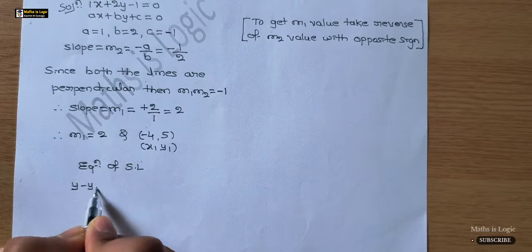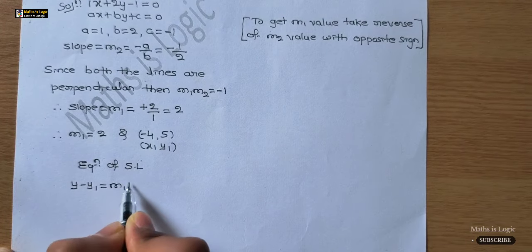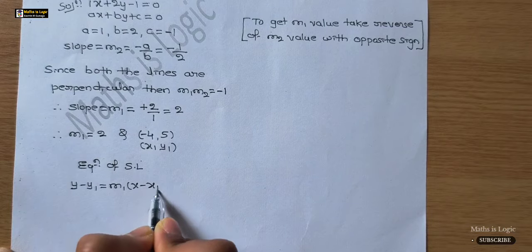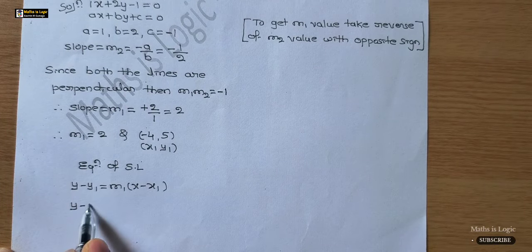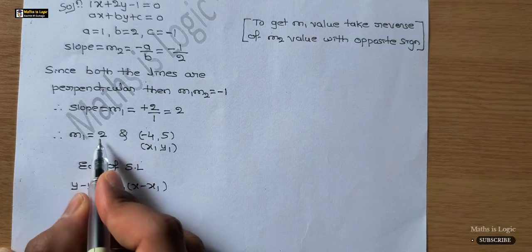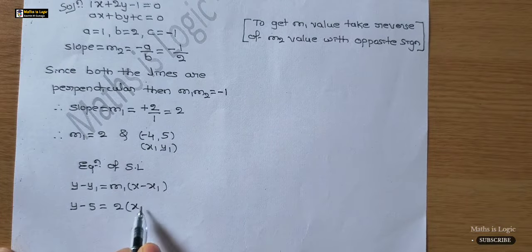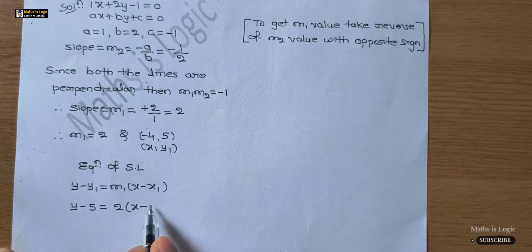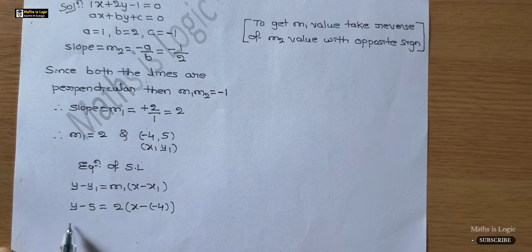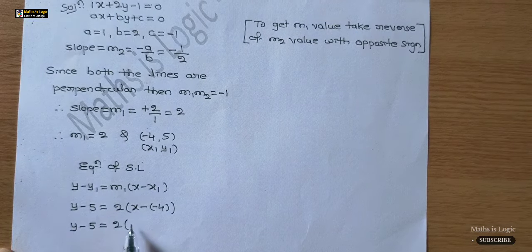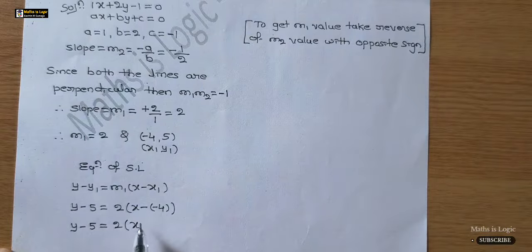Y minus y1 is equals to m1 into bracket x minus x1. Substitute y minus y1, 5, is equals to m is 2 into bracket x minus x1 is minus 4. Next, y minus 5 is equals to 2 into bracket x, minus into minus becomes plus 4.